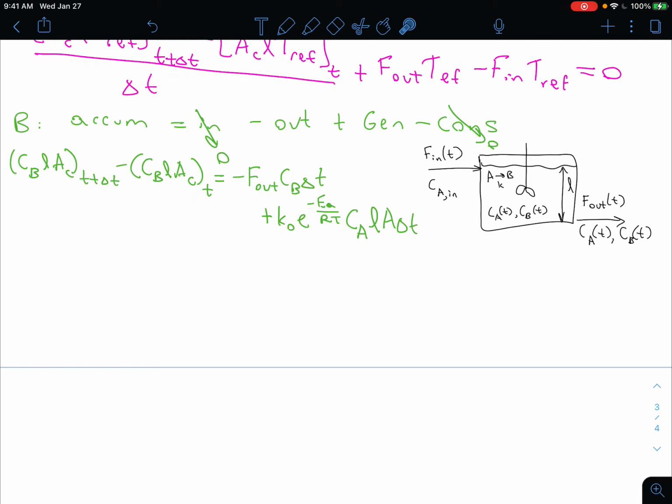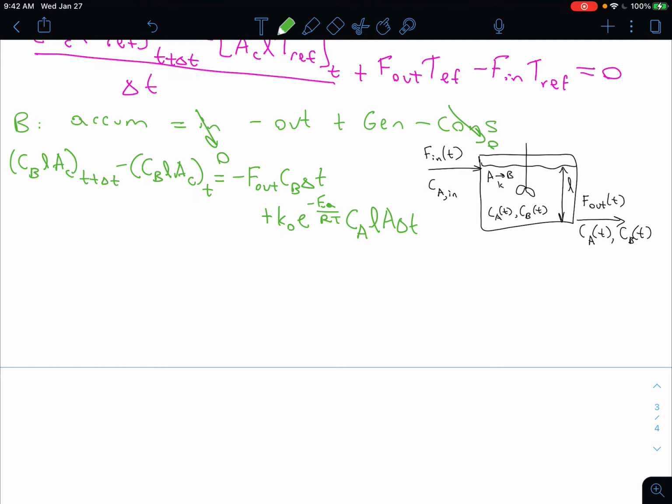You cannot calculate CB as a function of time without knowing CA as a function of time. So the coupling exists in the CB differential equation, even though the CA differential equation is not coupled to CB.